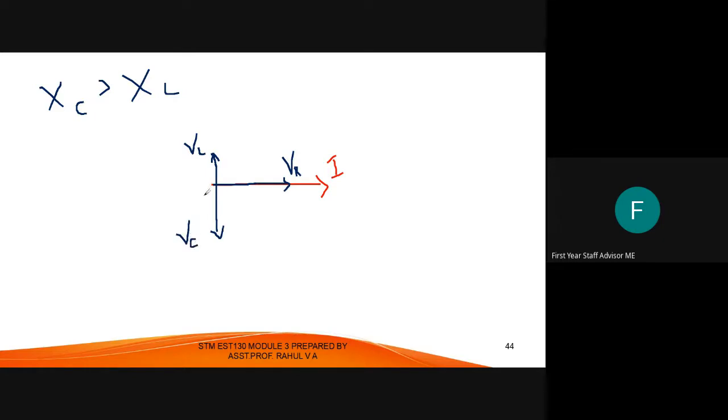Now, as I said earlier, both are opposite in nature. So I should draw a point here, where this point is VL. Sorry, VC is greater. Okay, VC minus VL. So the resultant vector will be like this.